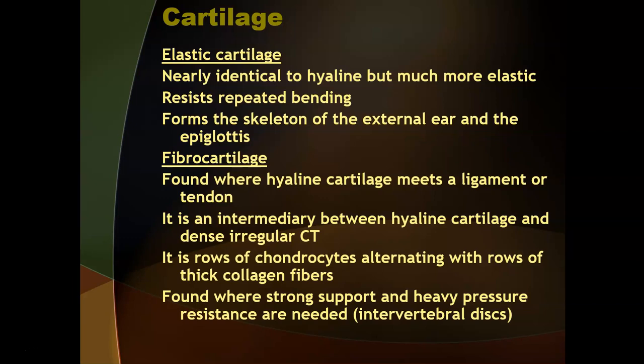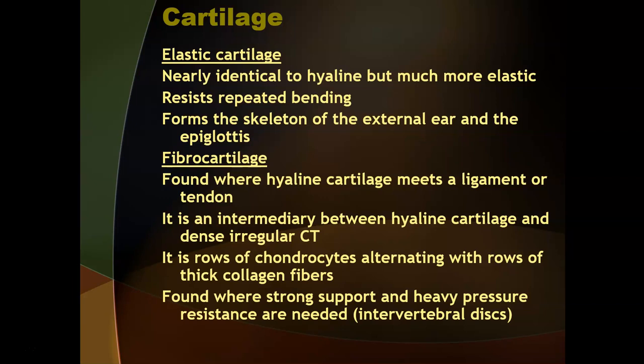The other type, fibrocartilage, is where hyaline cartilage meets a ligament or tendon. So this is sort of like an intermediary between hyaline cartilage and dense irregular connective tissue. It sort of acts as a bit of a glue, and can take a little bit more stress. It is rows of chondrocytes alternating with rows of thick collagen fibers that creates this fibrocartilage.